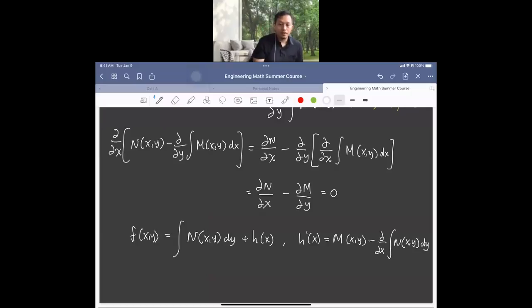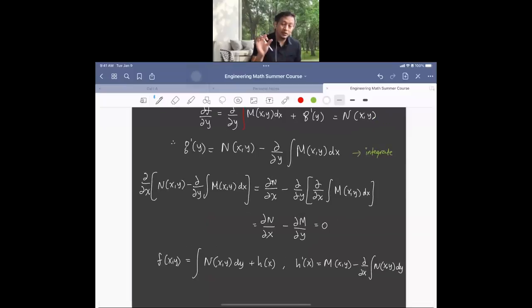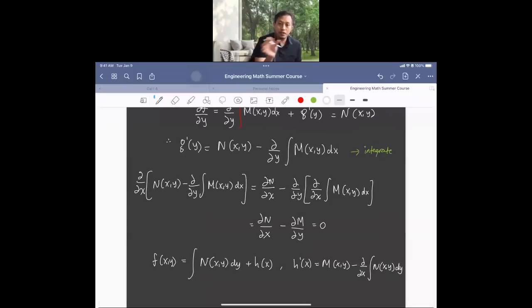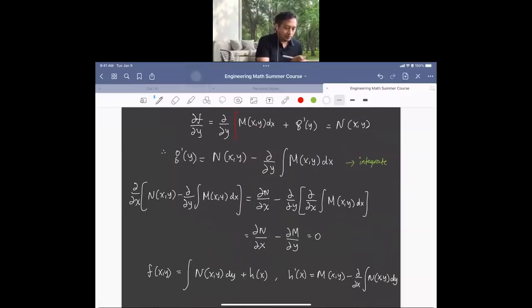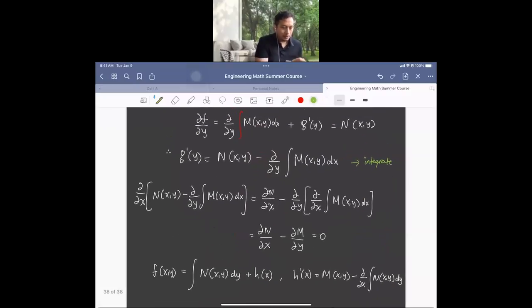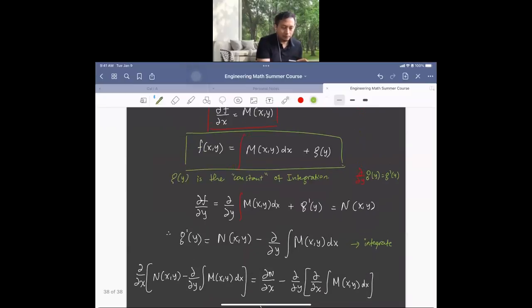So this gives you a choice, this gives you an option. And none of this should be memorized. You just need to know the partials, which one you are going to look for. From here, you can see that we have the integration of N and the integration of M. So we can choose which one is easier to find as a solution.